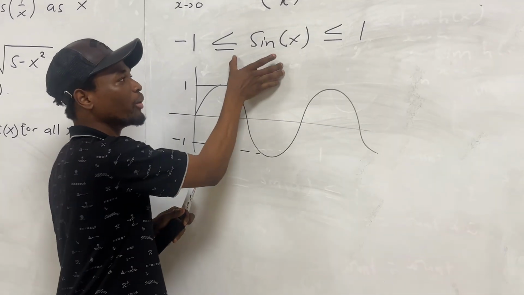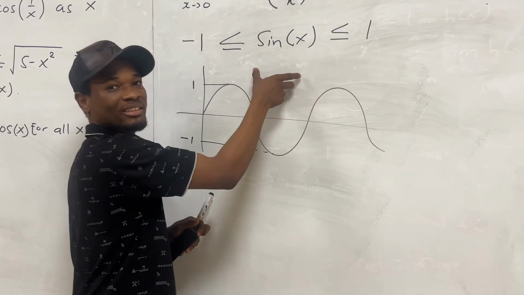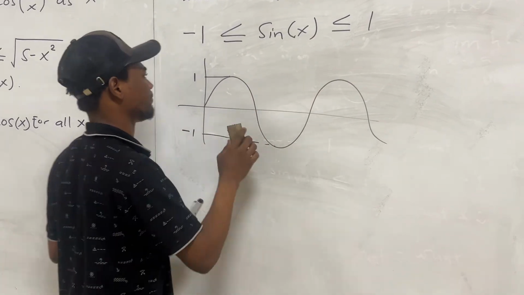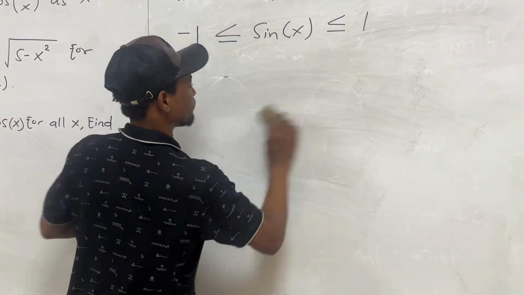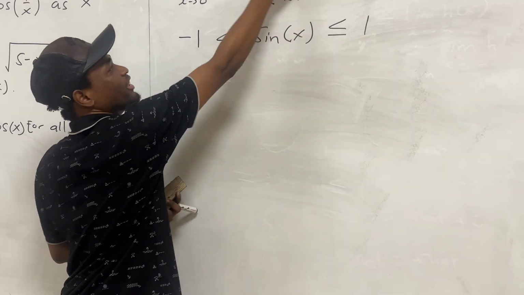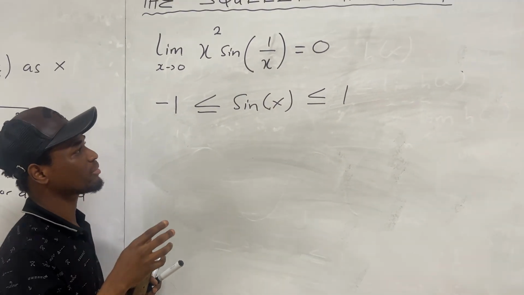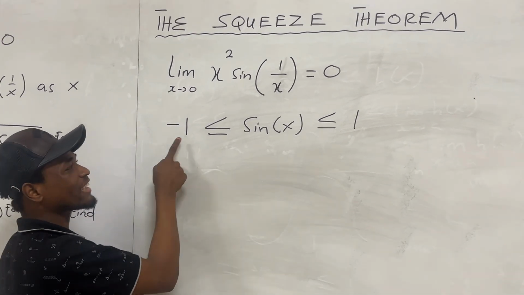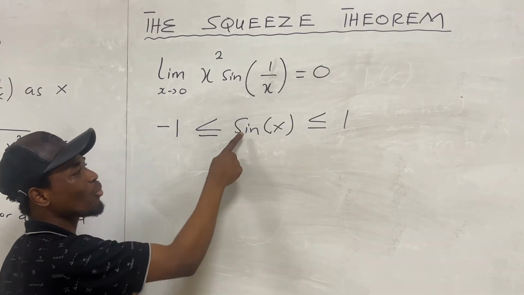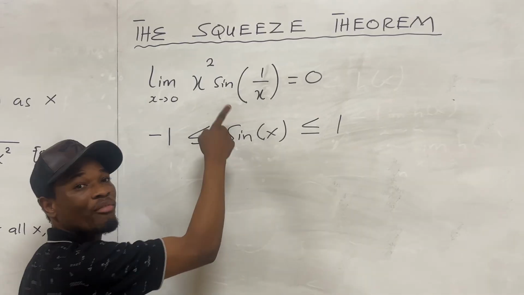So we are now going to build on this. We are going to adjust this in order to solve the question. So how are we going to do that? Alright, so we have the whole expression. Now let's do comparison. If you are saying negative 1 less than or equal to sine x less than or equal to 1, here we're not given sine x, we're rather given sine 1 over x.